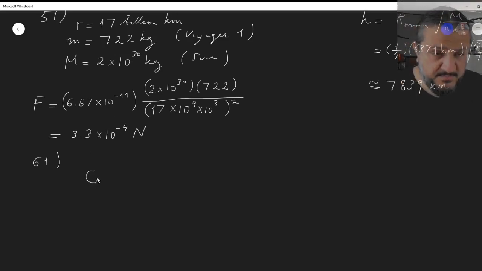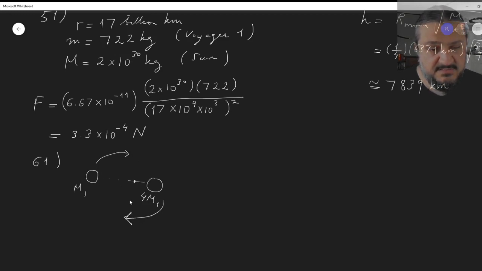Okay, so m1, and then 4m1 is the sister star. So they have a common center somewhere in between. Okay, they go around that center here, let's say over here. And this one like this. That's how they rotate around each other. That's a binary star system.